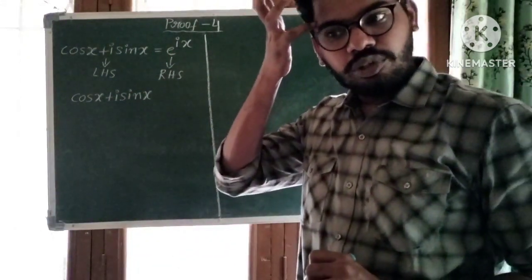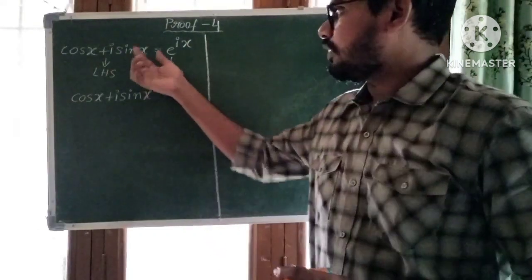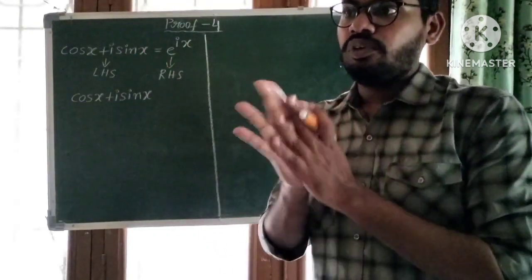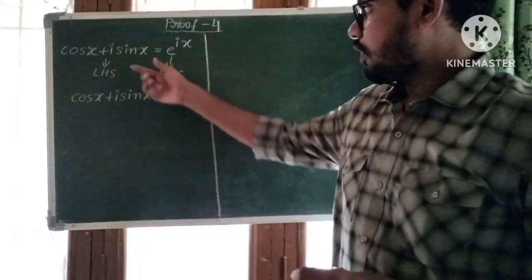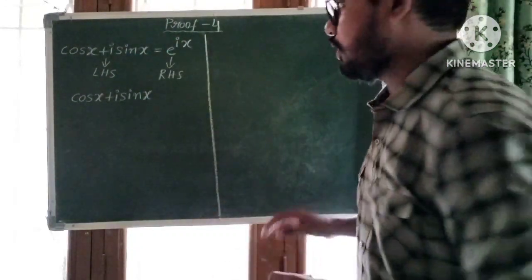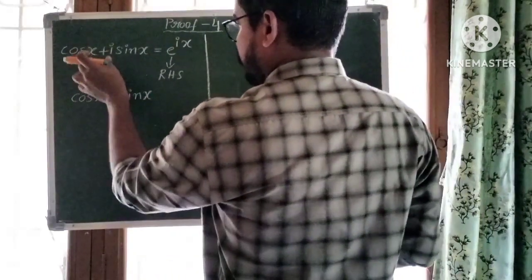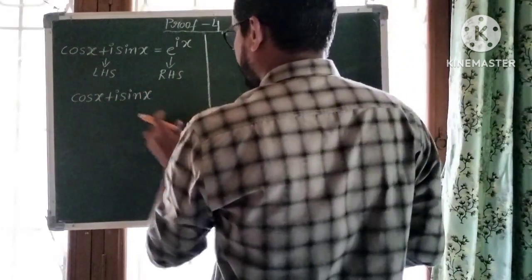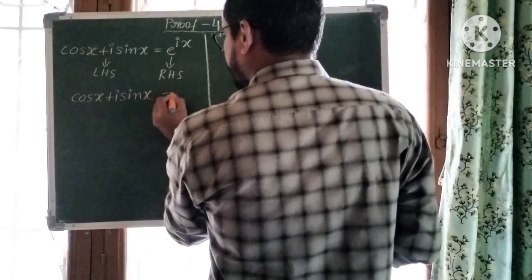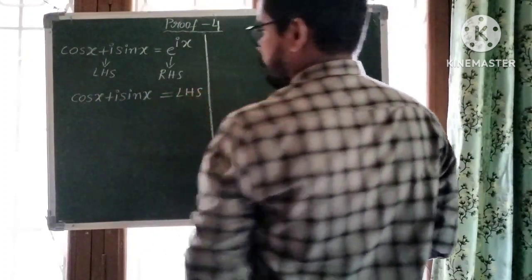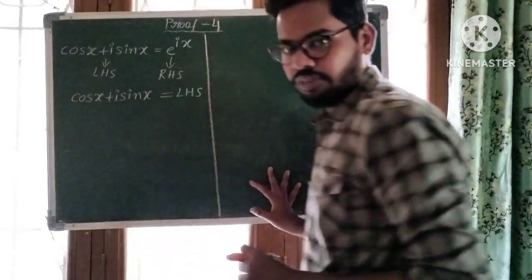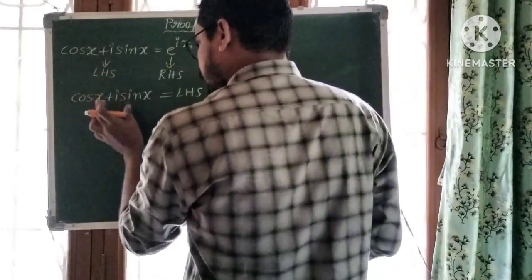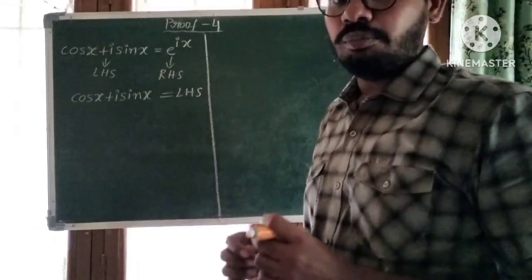Here I am going to prove this formula, Euler form, using integration. Cos x plus i sin x is equal to e power ix. Let us consider LHS cos x plus i sin x. Step 1, multiply cos x plus i sin x by i.